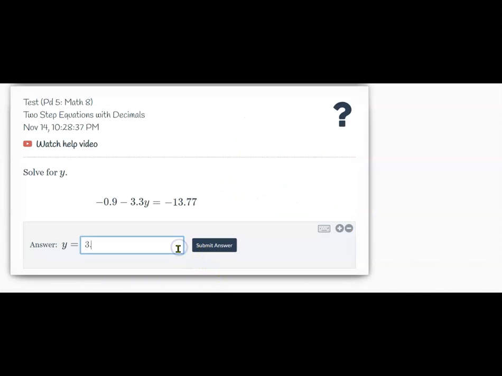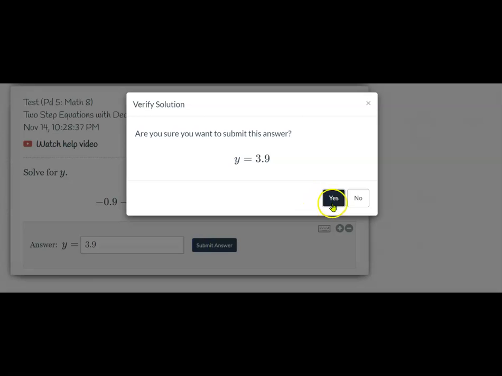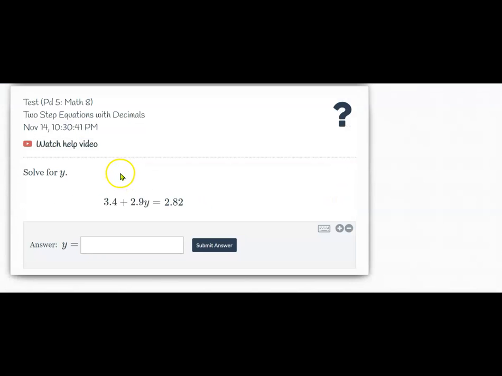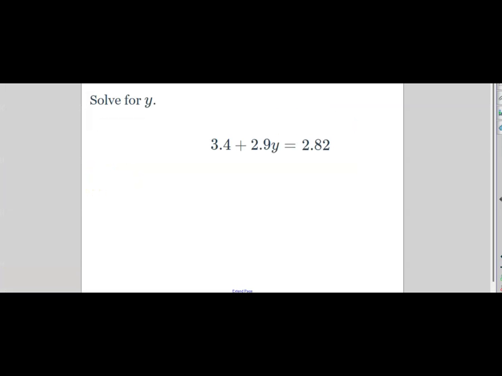Let's do one more. Use your calculator. Remember, you're using inverse operations to solve. Be sure you're being fair on both sides of the equal sign. Don't accidentally write twice on the same side. That is incorrect. So this one is the number term.